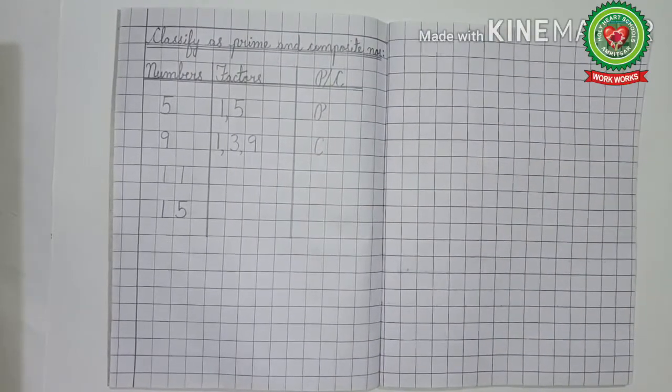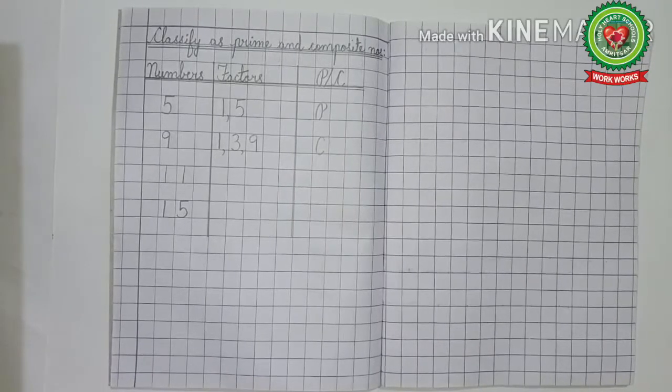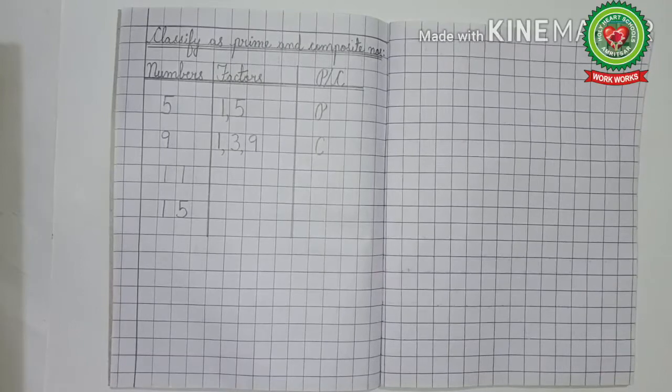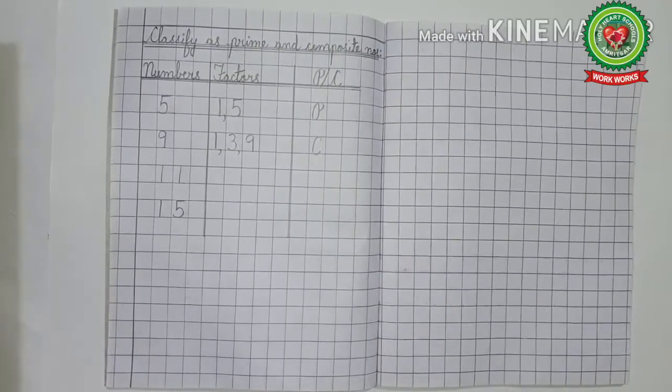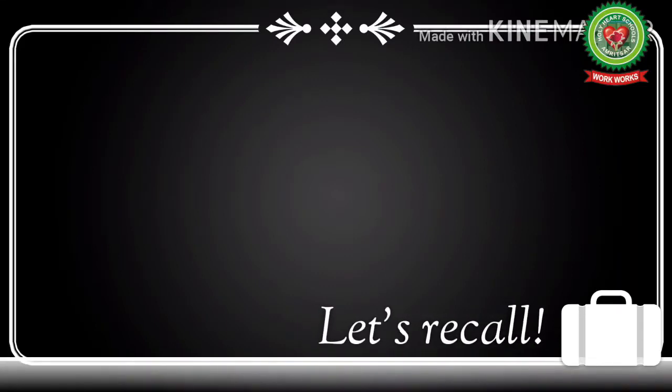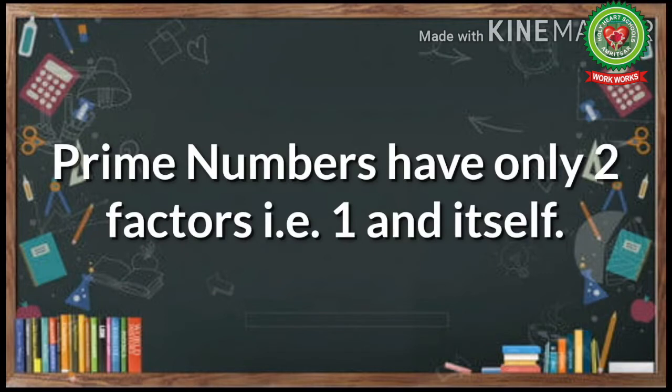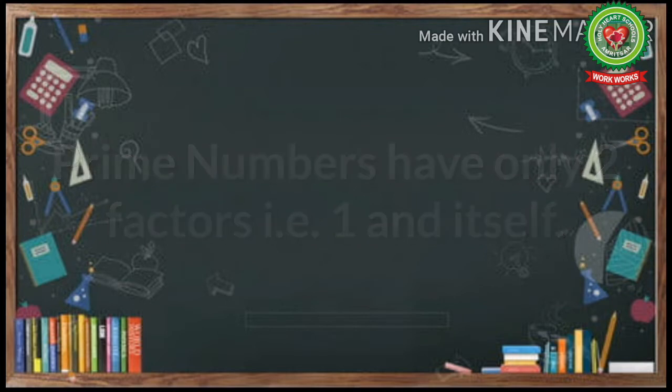Kids, like this you have to do your copy work. Do it very neatly and you should know your tables to know which are the prime numbers and which are the composite numbers. Now kids, let's recall what we have learned today. We have learned that prime numbers have only two factors, that is 1 and itself.